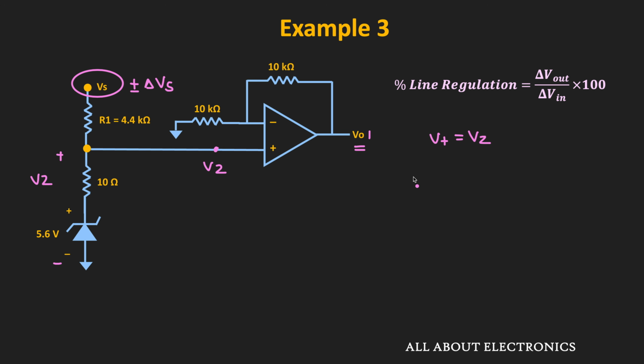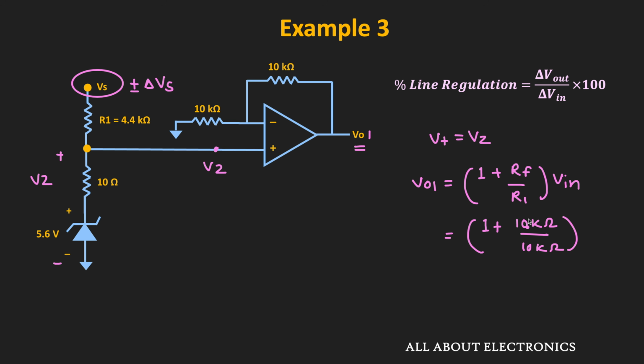And we know that for the non-inverting configuration of the op-amp, its output voltage can be given as 1 plus Rf divided by R1 times the input voltage. So here for this op-amp, this feedback resistance is equal to 10 kilo ohm, and similarly this R1 is also equal to 10 kilo ohm, and here the input voltage is equal to Vz. So we can say that here this VO1 is equal to 2Vz.